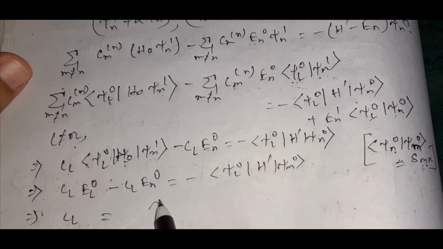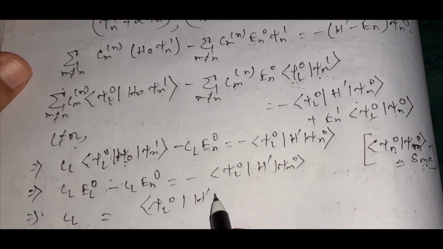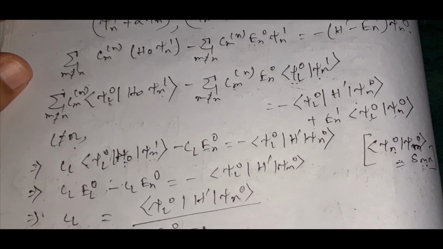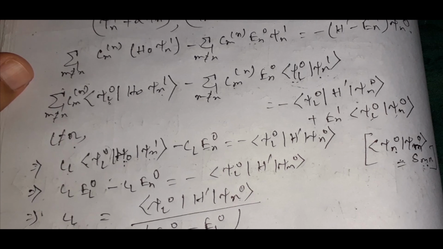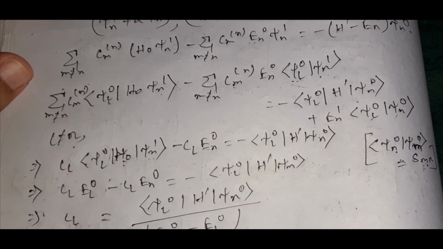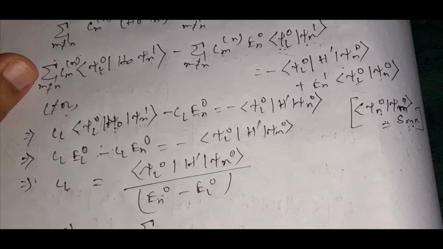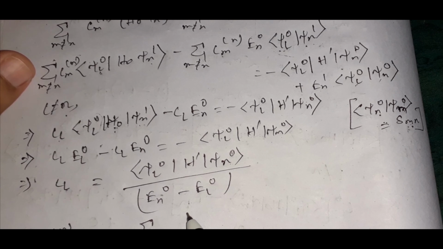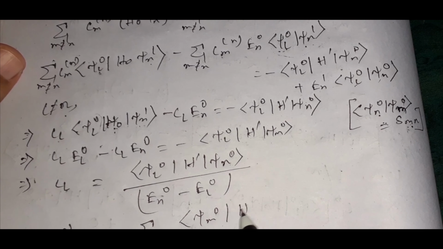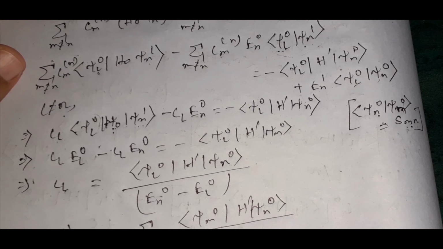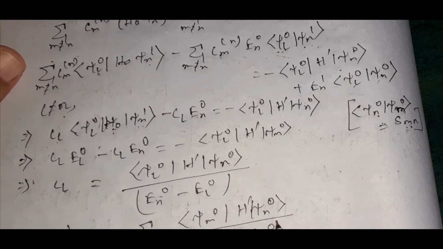So CL equals ψL0 H prime ψn0 divided by En0 minus EL0, and now substitute L with m, and this gives us the summation over m not equal to n of ψm0 H prime ψn0 divided by En0 minus Em0.